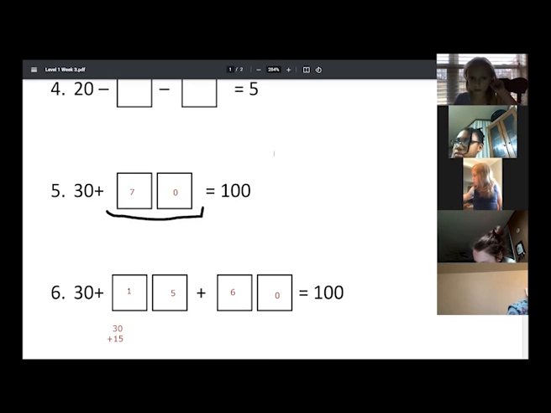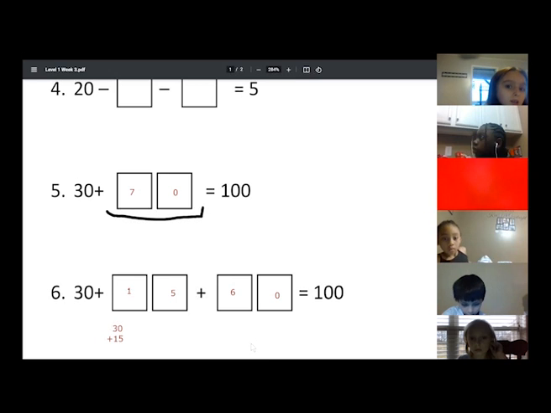Can it be more than the number? What do you mean? Like if it's like 70 plus 20, and it equals more, does it still count? We just need the numbers to add. So we need 30 plus one number plus another number to equal 100.